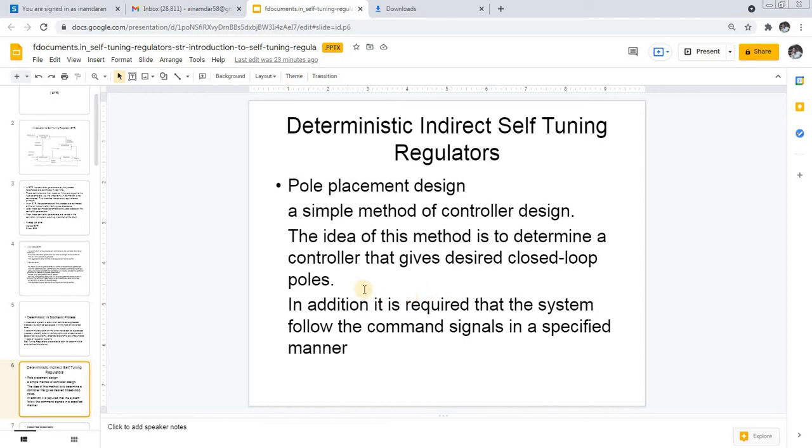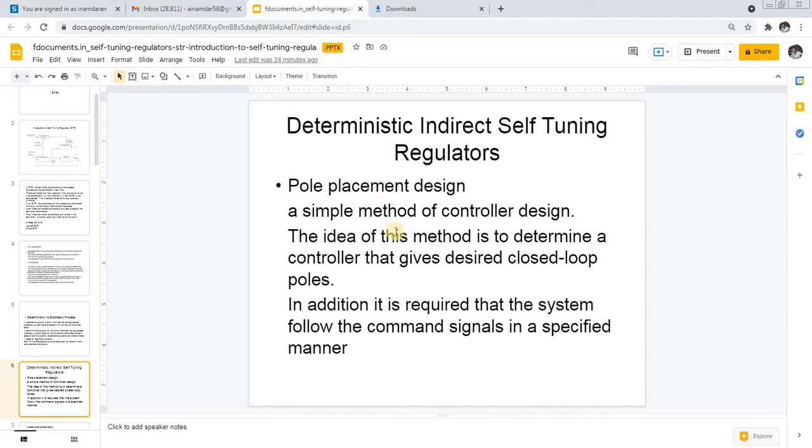Now the term self-tuning was earlier used to express the property that the controller parameters converge to the controller that would have been designed if the process was known to us. An interesting result is that this could happen even if the model structure was incorrect.